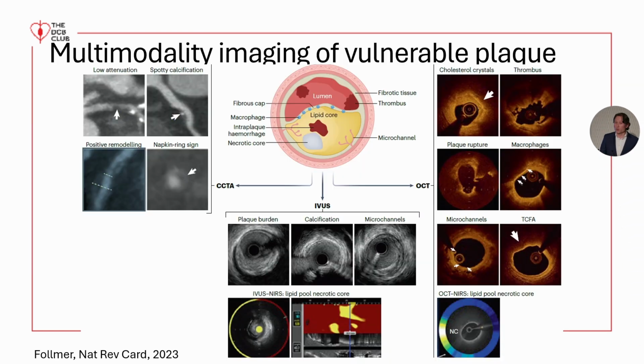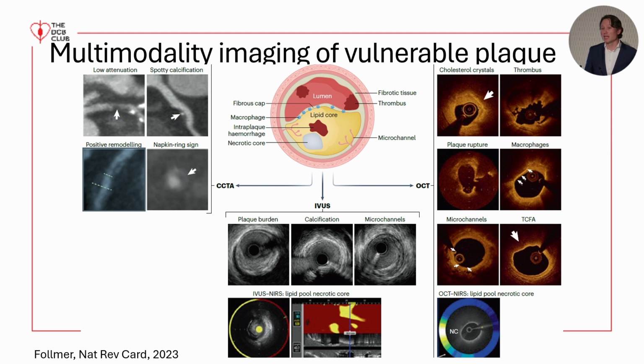I personally believe that we will be moving towards an era of multimodality imaging of vulnerable plaque. I think the CCTA will be playing an ever larger role in our daily clinical practice. First in elective PCI, later I also believe in ACS PCI. The CCTA can already tell us about the type of plaque that we're dealing with, and we can then confirm that with IVUS.